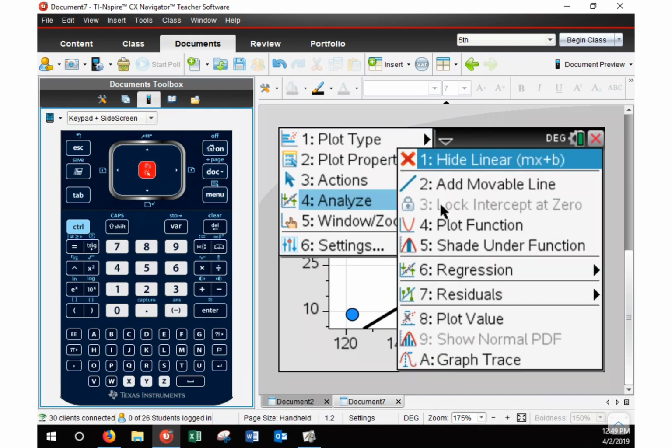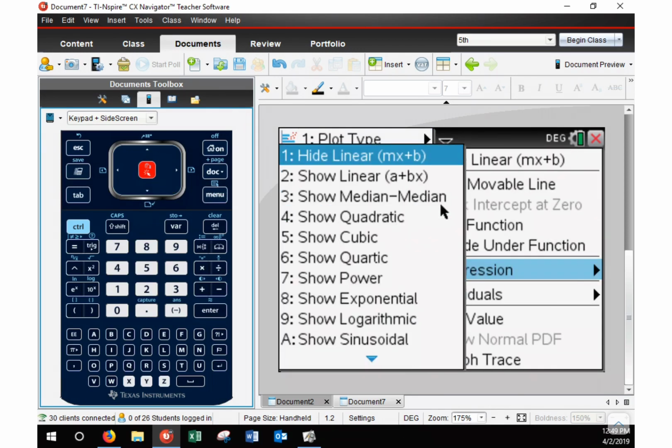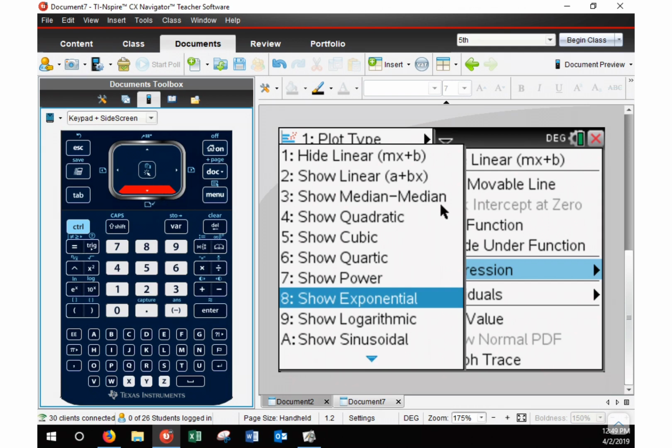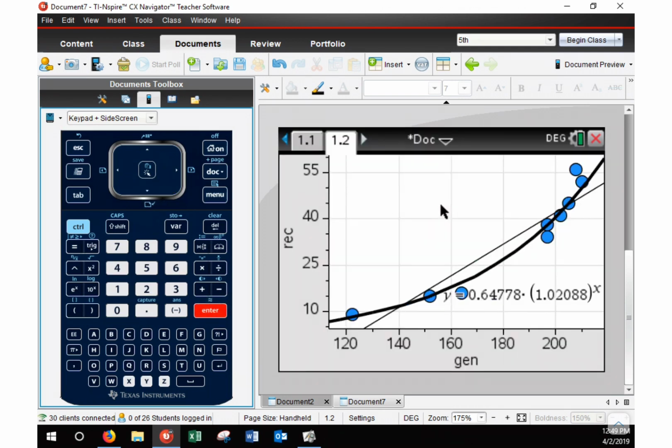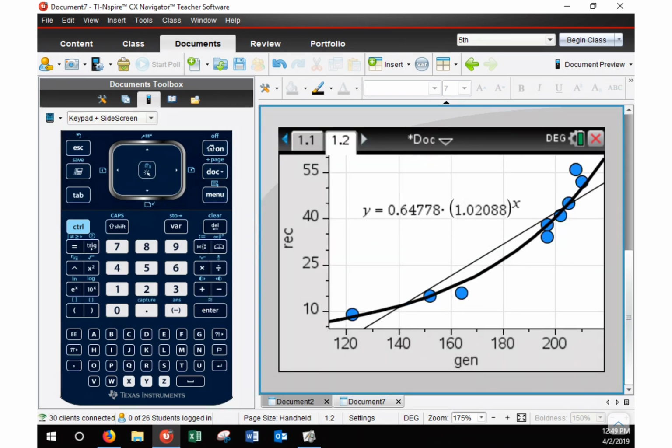So I wonder what it would look like if we actually did a regression line that was exponential. To me, that one almost seems to be a better fit, doesn't it? In actually following the data a little bit more. But we can still do that one, and then we can use that to answer the questions.